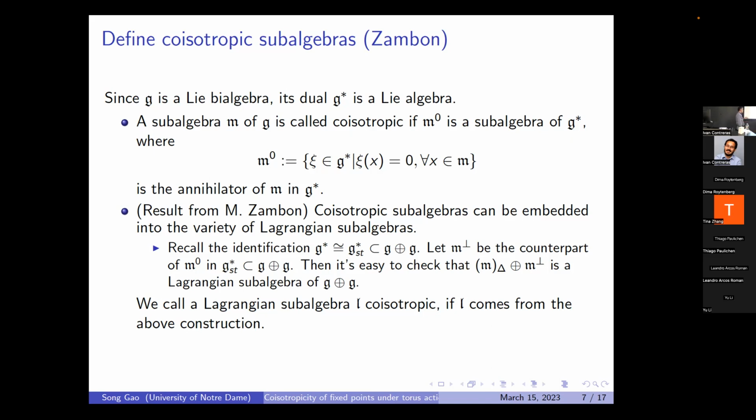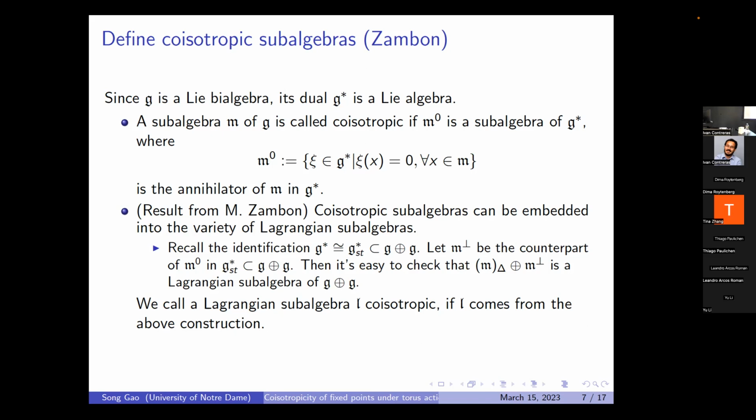And a fact is that one can relate a Lagrangian subalgebra with a coisotropic subalgebra in the following way. Suppose that M is a coisotropic subalgebra.